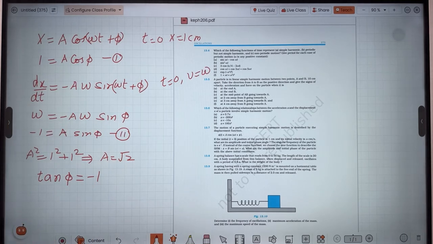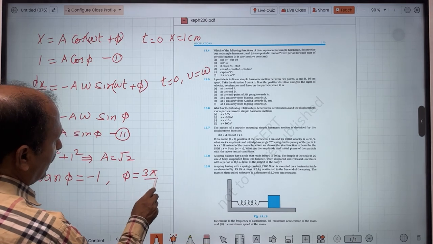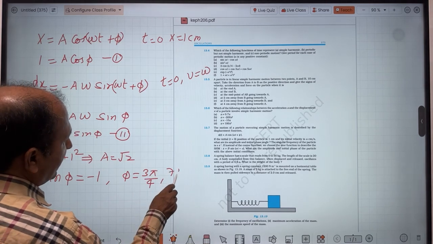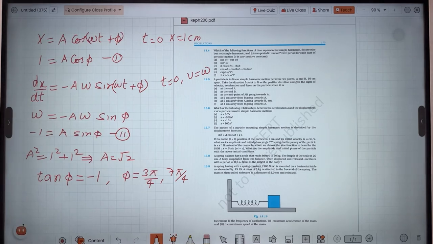Now we have to choose the value that satisfies this equation. So what can be the value of phi? So in this case, phi will be either 3 pi by 4 or 7 pi by 4. So phi equal to 3 pi by 4 or 7 pi by 4, right? So this is first case.